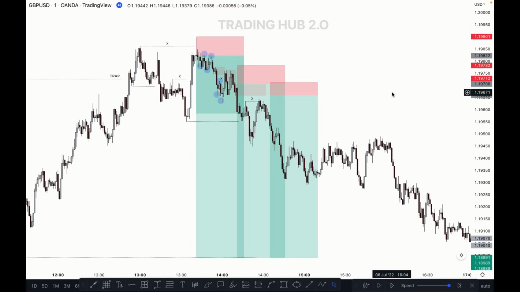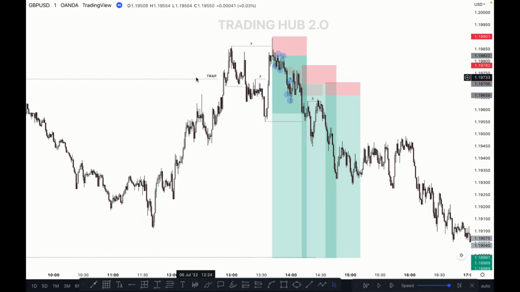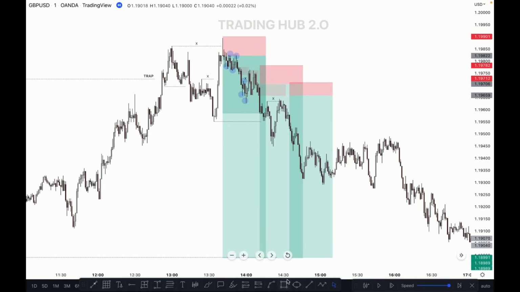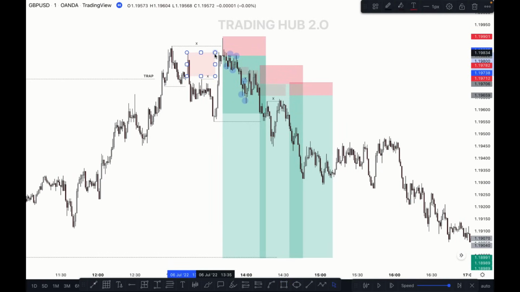So you can see here how market actually works. First it traps the buyers and then waits for the lower time frame inducement, and then you can sell on the candlestick confirmation. If anything shows any bearish reaction on this zone, then you can sell here also.